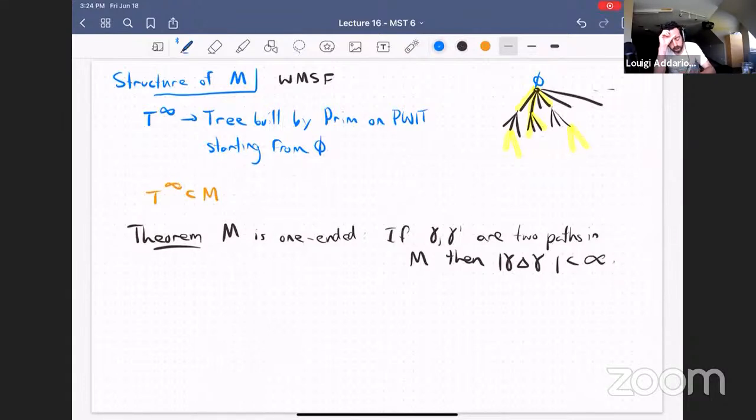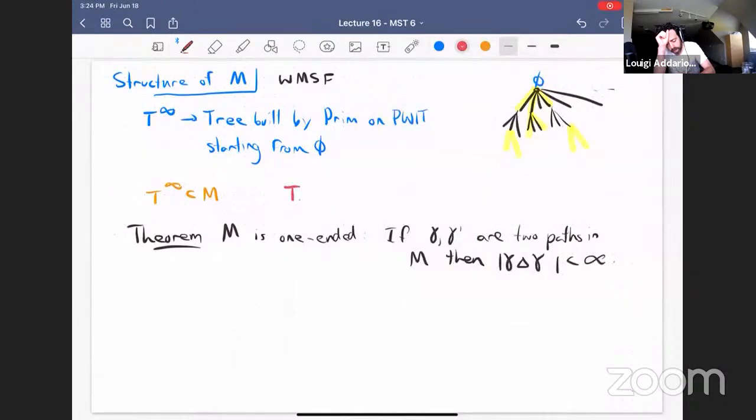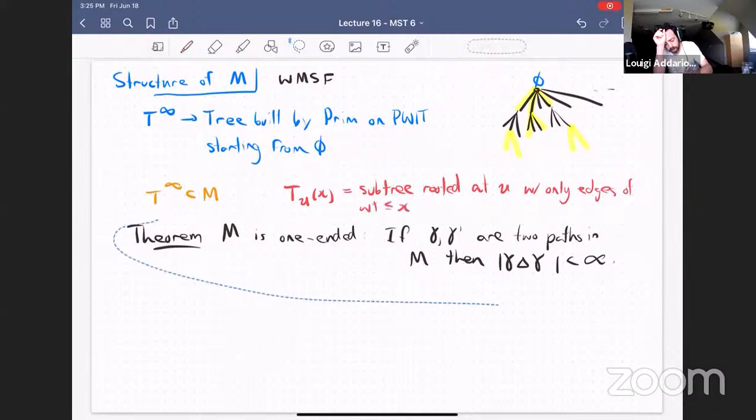I am going to use the notation T_U^x. There's one other sort of tree that's going to come up today, which I'll write like that. This is the subtree rooted at U, with only edges of weight at most x.